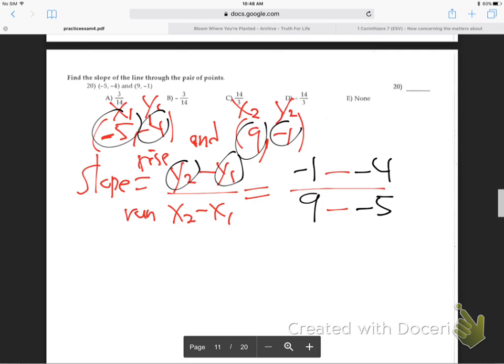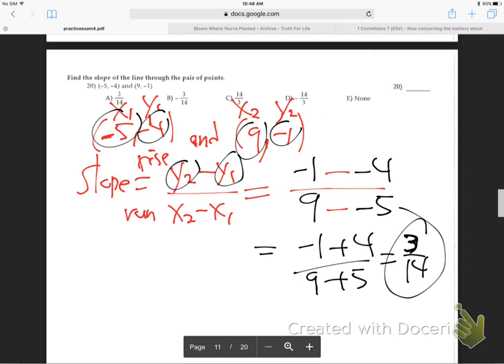Minus is head-to-head, so it turns into plus. So +4 and +5. 4 minus 1 is 3. 3/14. That's A.